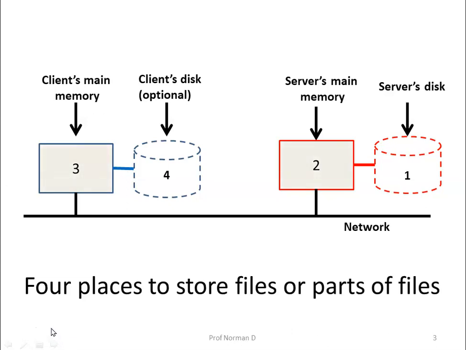Now, in a client-server system, each with main memory and disk, there are basically 4 potential places to store files or parts of files. That is the server's disk, the server's main memory, the client disk if at all it is available, or the client's main memory.